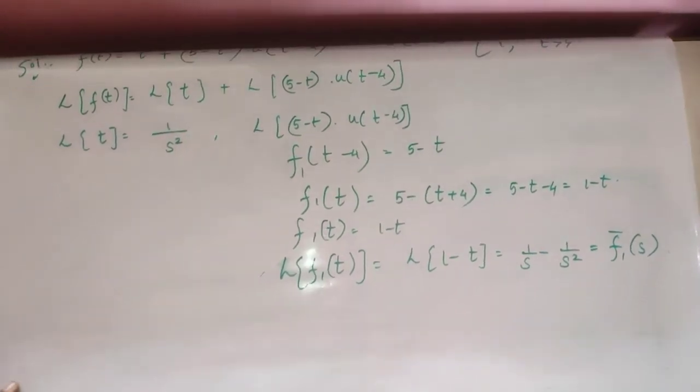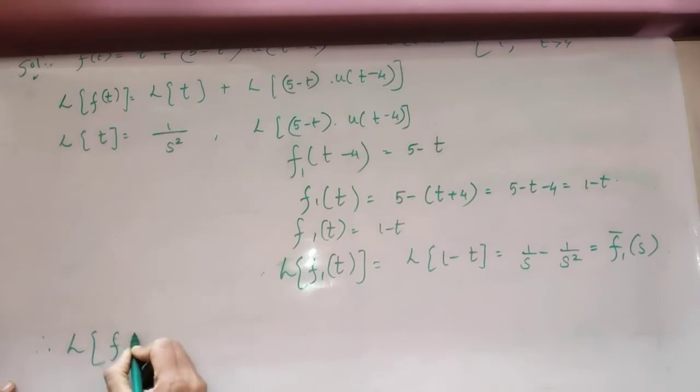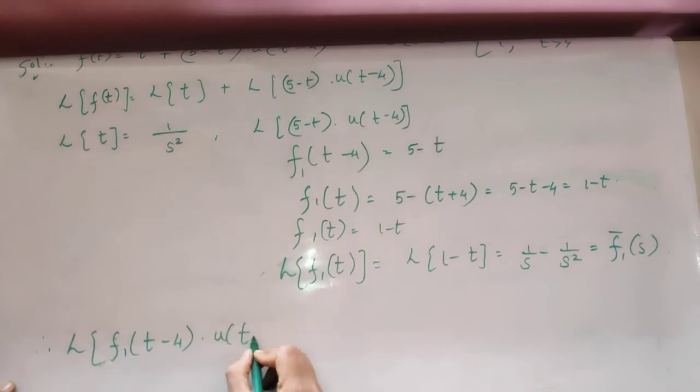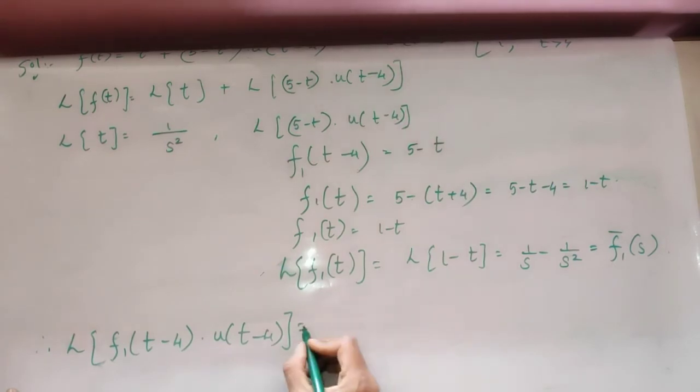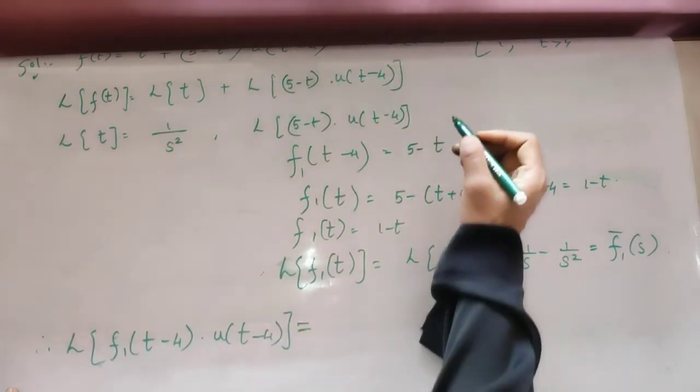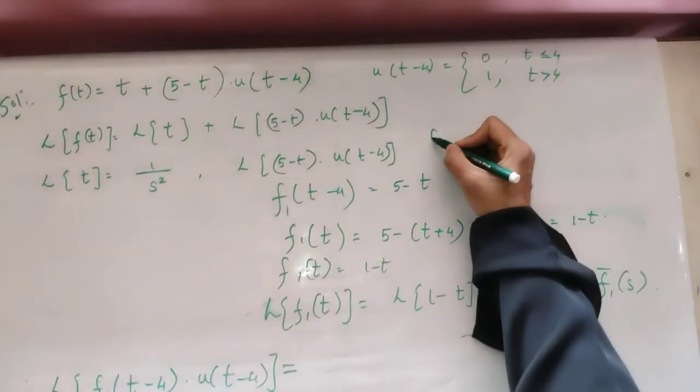Therefore, the Laplace transform of f1 of t minus 4 into u of t minus 4 is equal to what? What is the value of a here? Let us write it here in the beginning. a is 4 here.